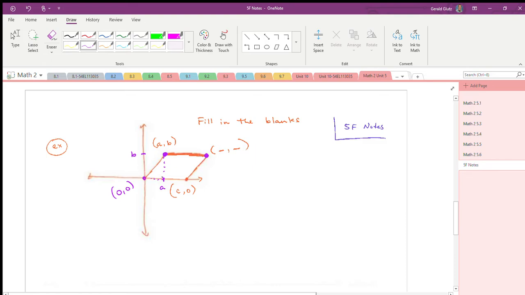So if I want to know how far right we go to get to this point, well, from the origin, I go right A, and then we go right again, but this length and this length are the same because it's a parallelogram.